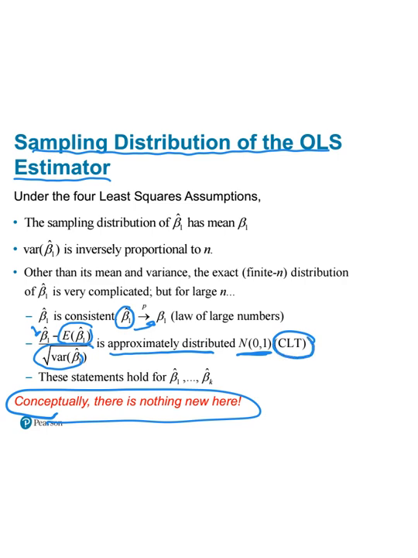So these statements hold for every single one of our coefficient estimates, which means it is going to be relatively simple to understand p-values and t-stats and the statistical significance of all of these variables. Nothing has really changed from chapter 4 except we added a few more coefficients. All the other calculations remain the same. So we're not going to do too much more with this content. This is more important for the next chapter, when we talk about confidence intervals and hypothesis tests.